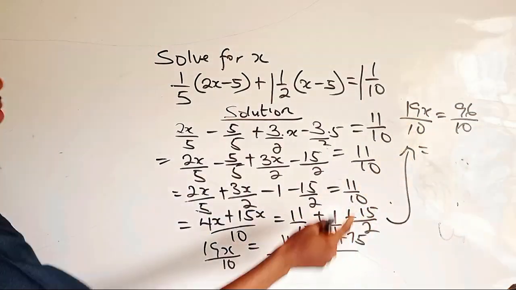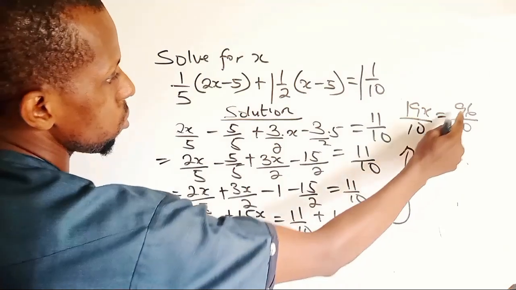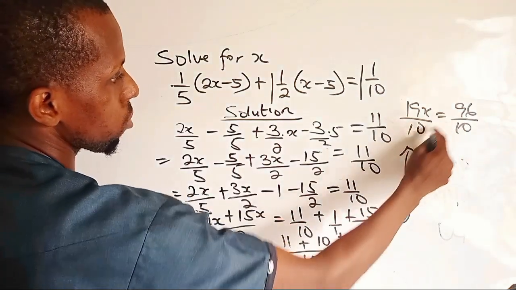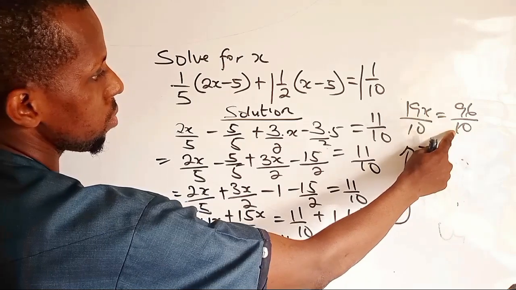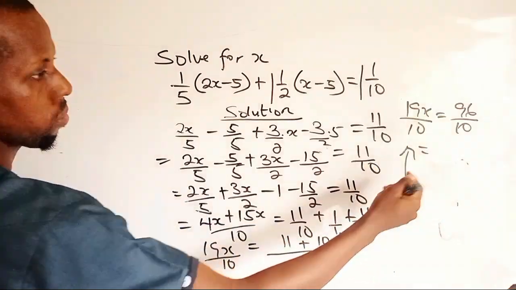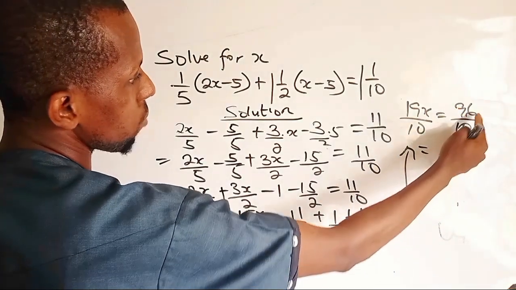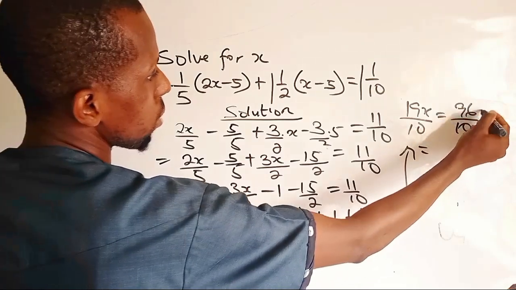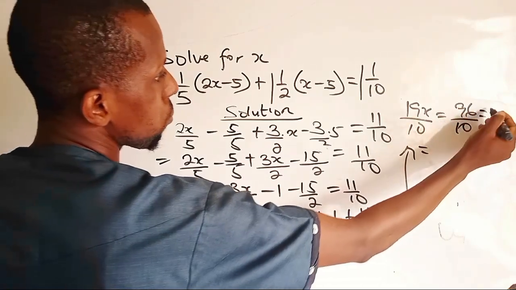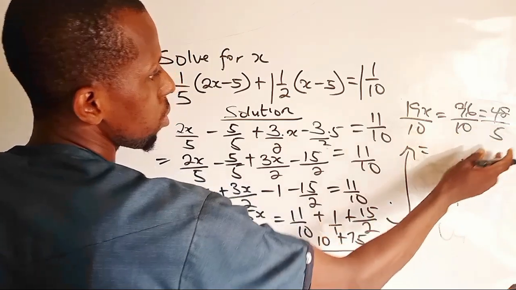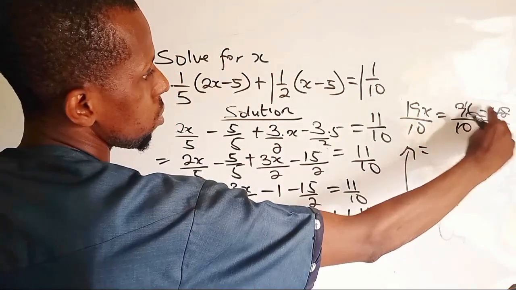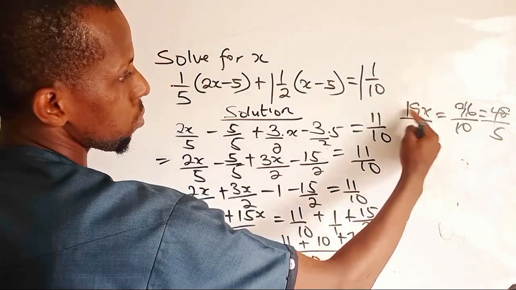So now that you have it, we can cross multiply. But you can still reduce further. You have 96, you have 10, so we can still reduce it with 2. 2 in 96 is 48, 2 in 10 is 5. So we can reduce this to this.